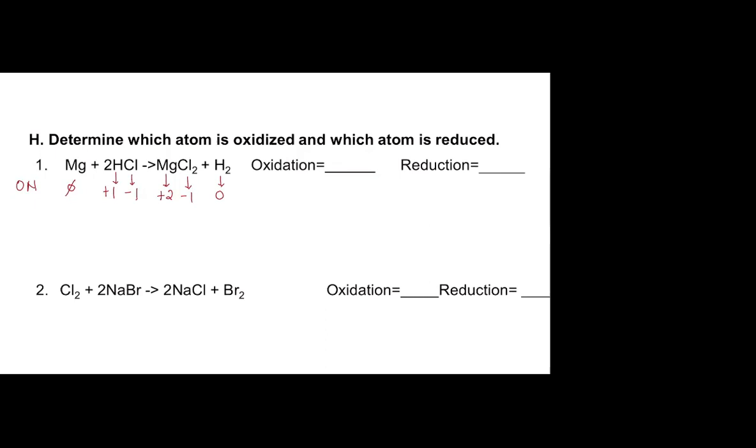Excellent. So taking that into consideration, I'm going to make my table where I'm going to put the elements in this reaction. I have magnesium, I have hydrogen, I have chlorine. I have to see what happened overall between reactants and products to these oxidation numbers.